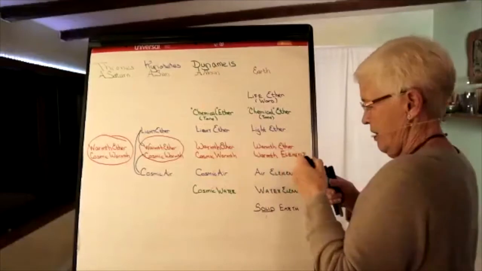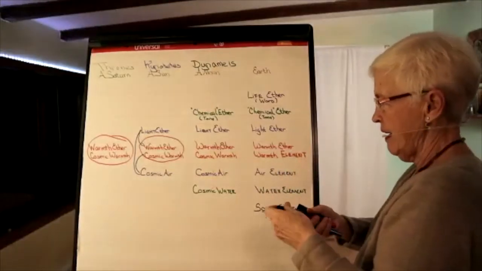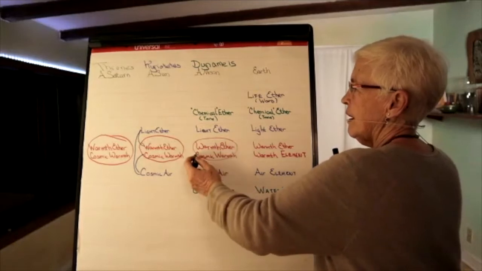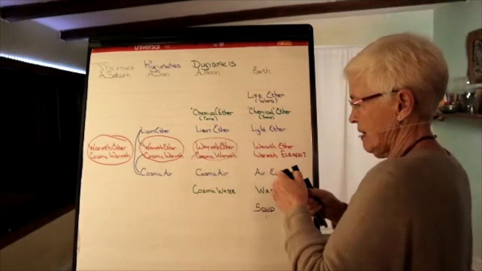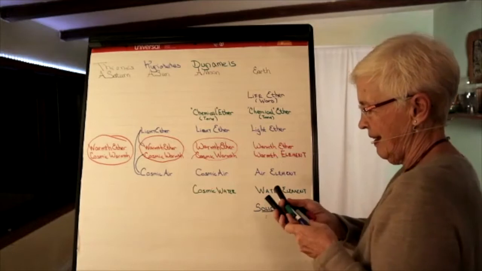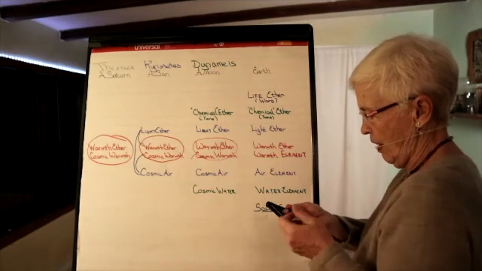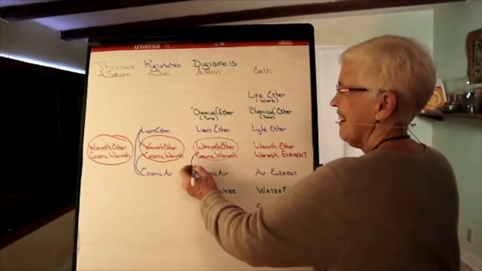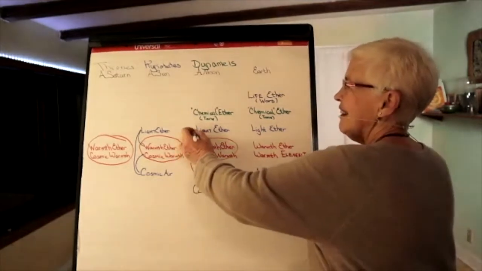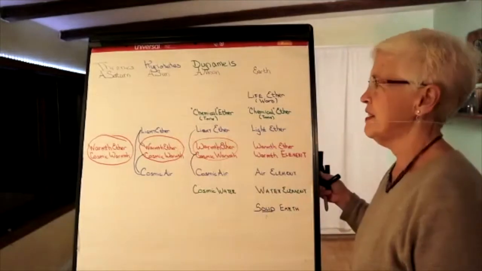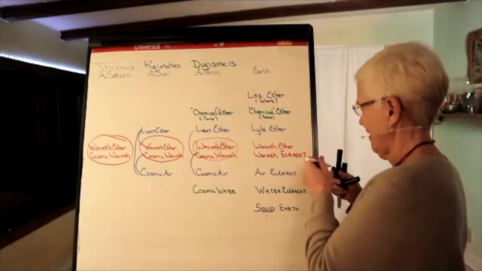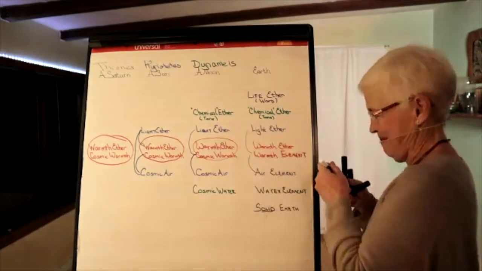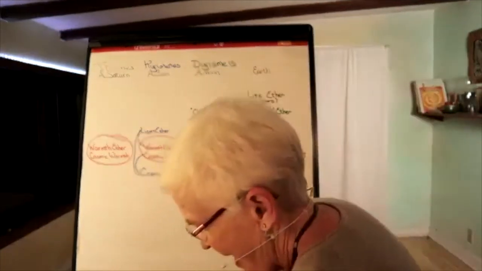The warmth ether was unified. But out of the warmth ether, there continued this process of densification. And this densification caused the densification into cosmic air and the sublimation into the light ether. I'll just go ahead and put that over here now because I've got the pen off.